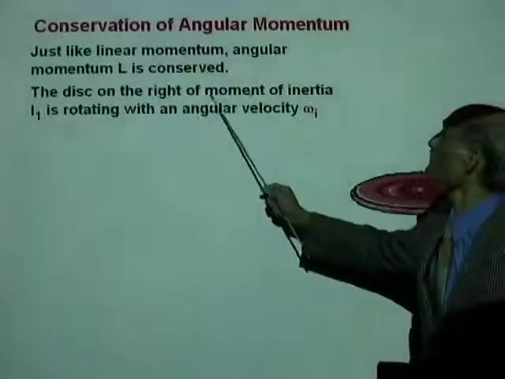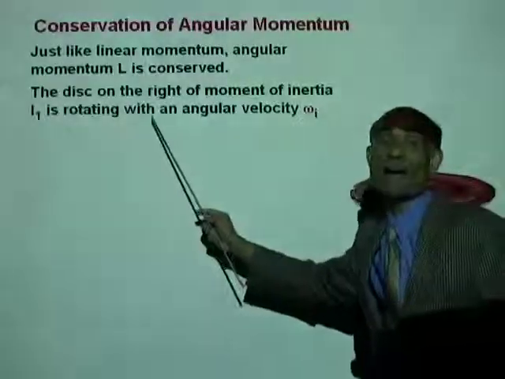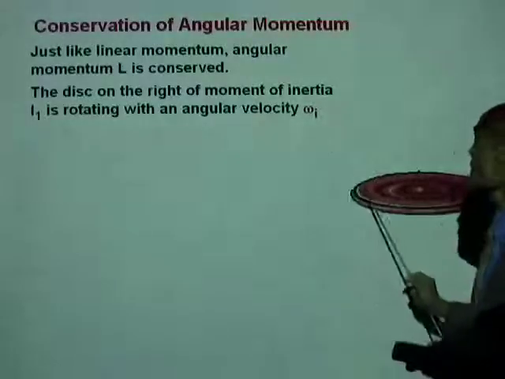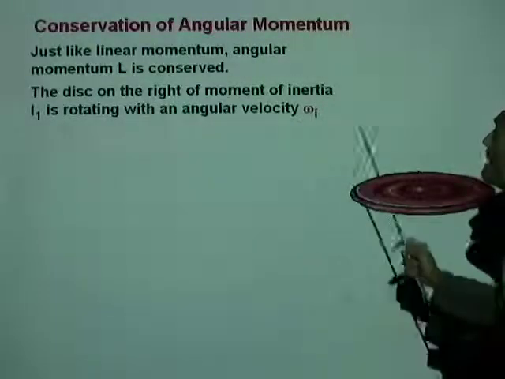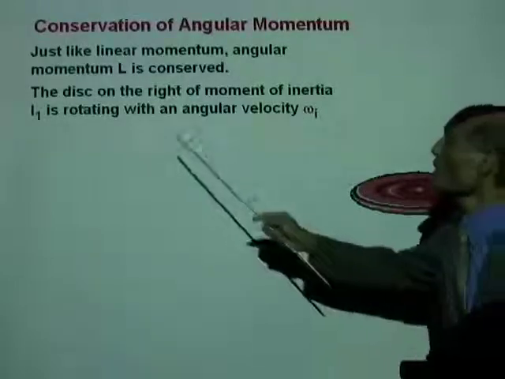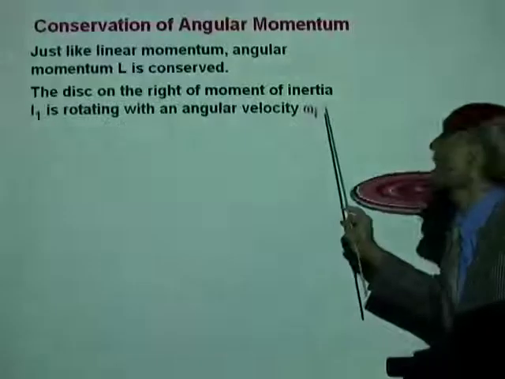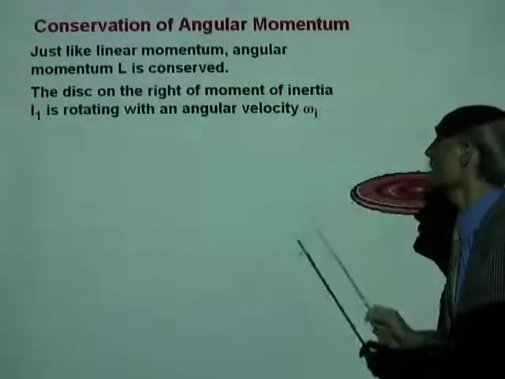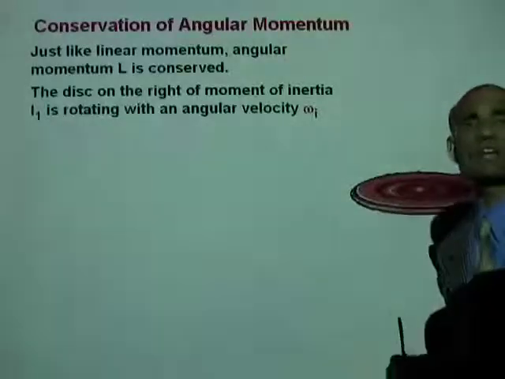The disk on the right has a moment of inertia I1 and it is rotating with an angular velocity omega I or omega 1. So its moment of inertia is I1 and its angular velocity is omega I or initial angular velocity.